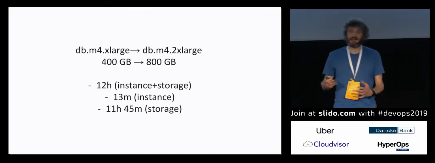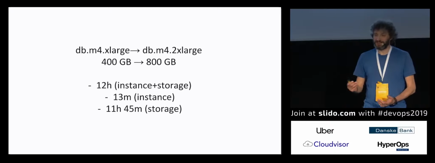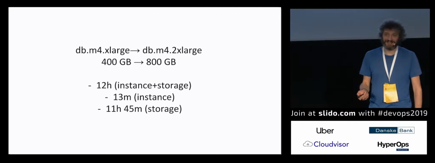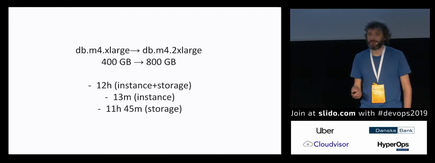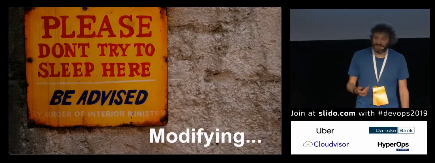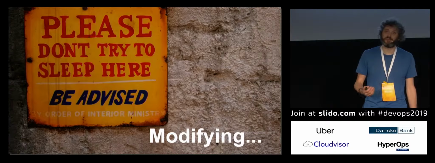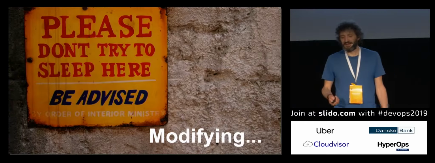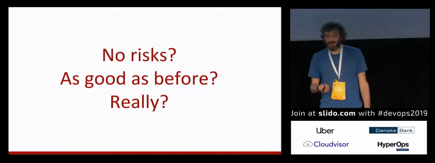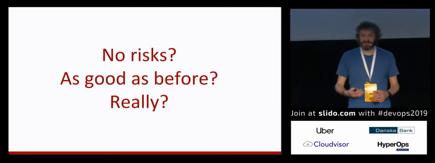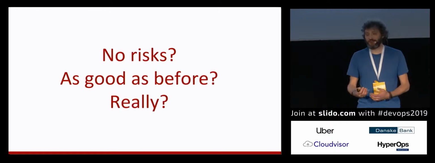So it's elastic, but up to a point. You cannot really trigger it so quickly and change it back or do it automatically as much as you want. So yes, you can create your own simple fake autoscaling, but it's not that straightforward. And well, you can even say, but still there are no risks. I can do it.